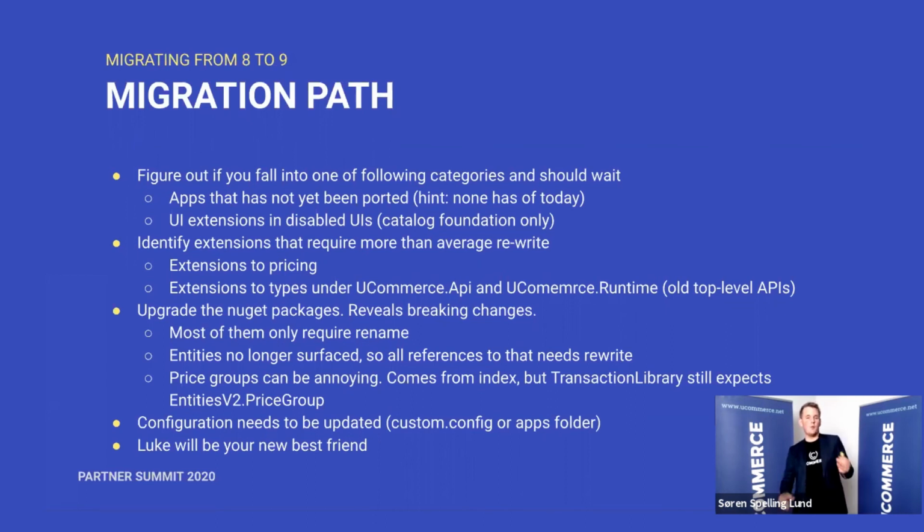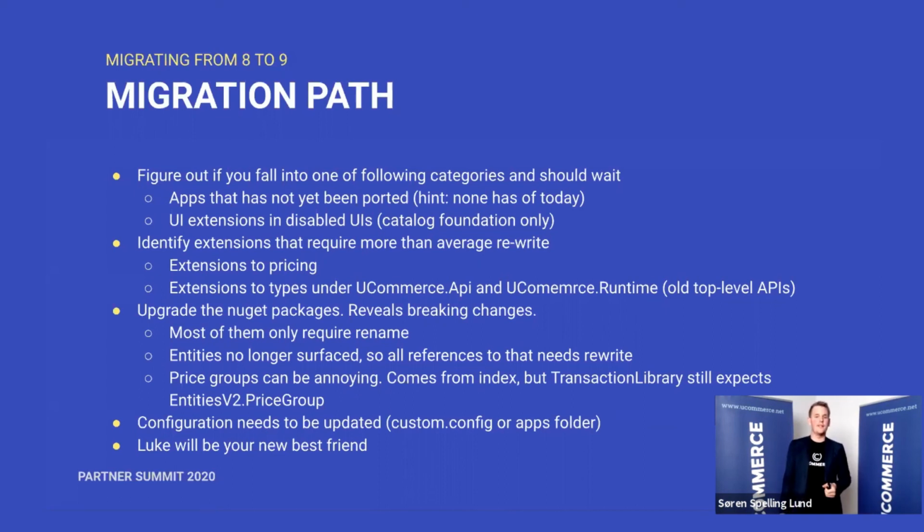And then one of the more annoying ones that I have experienced on my own fingers as well when I tried to port a solution was price groups, because price groups is a concept in Ucommerce that sort of flows between both the catalog foundation and the transaction foundation. Even though we try to not combine the two things, price group is a concern that affects both.